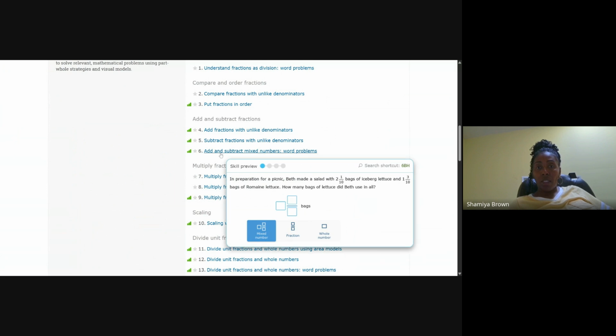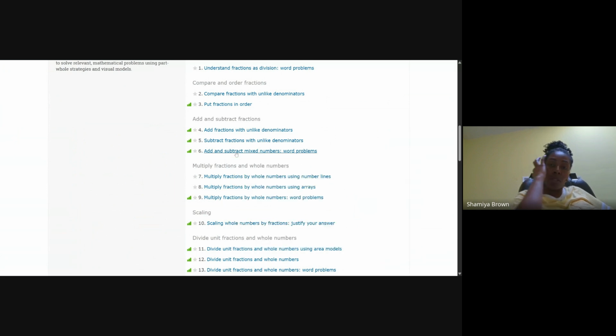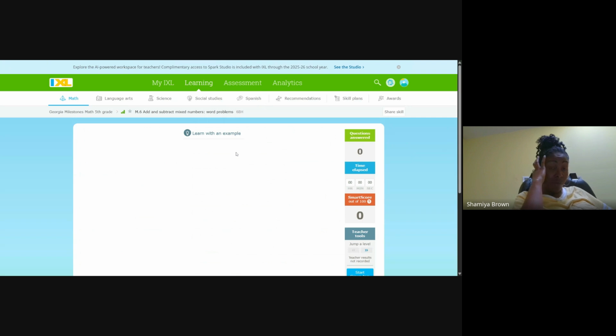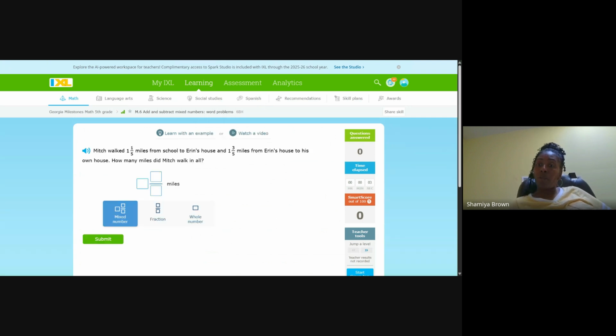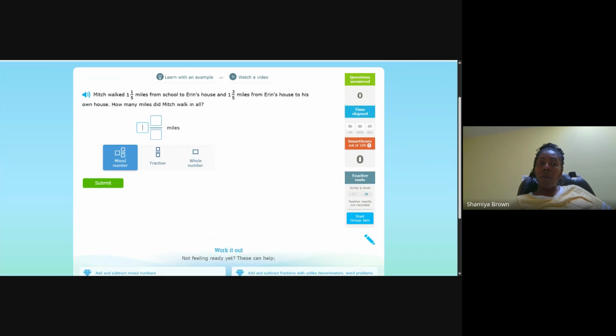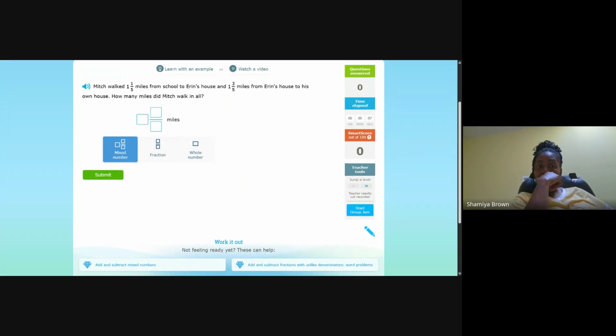And then add and subtract mixed numbers. Word problems. Mitch walked 1/5 miles from school to Aaron's house and 1/3 miles from Aaron's house to his own house. How many miles did Mitch walk in all? Adding.